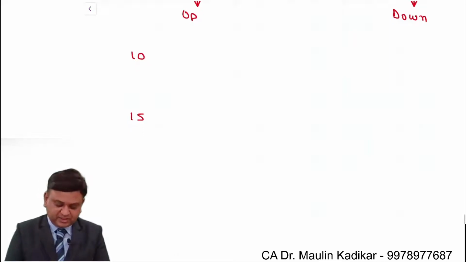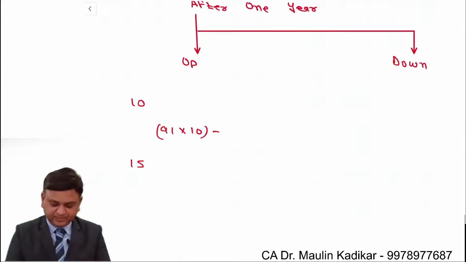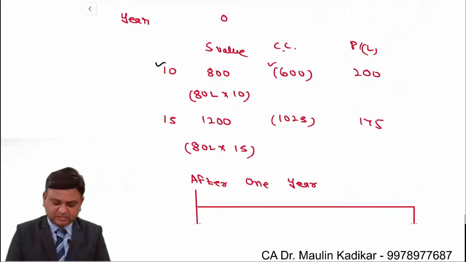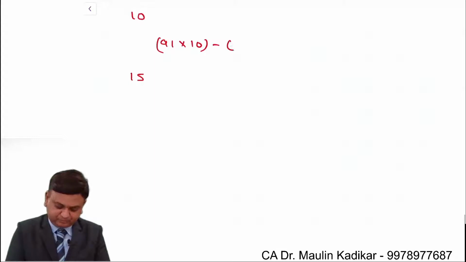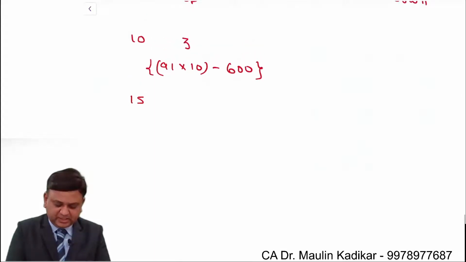In case of 10 units, it will be 91 lakhs per flat into 10, so it is 910 lakhs minus the construction cost of 600 lakhs. So we will get 310 lakhs.